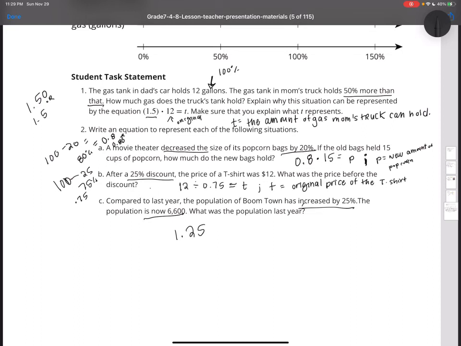Keep in mind that 100% is equal to 1.00, which is equivalent to 1. And if this is a 25% increase, we're just adding 0.25 to 1, which would be 1.25. I would want to divide 6,600 by 1 and 25 hundredths. Why? Because we multiply when we know the original price, but in this case, we don't know the original price.